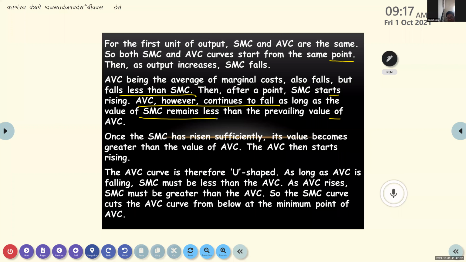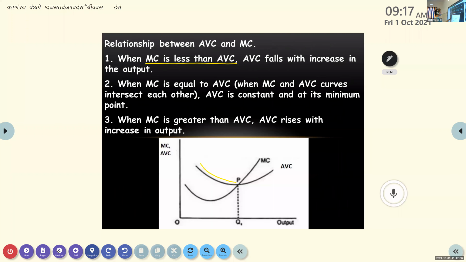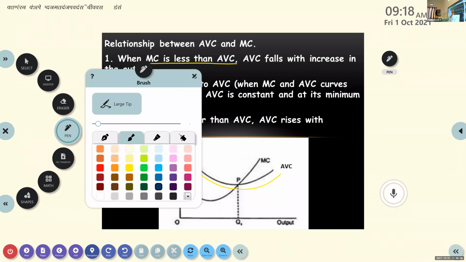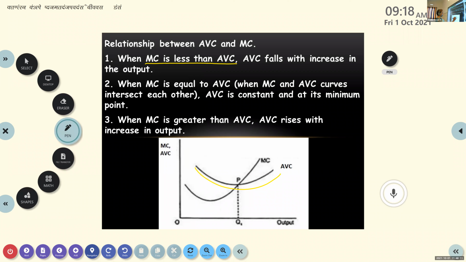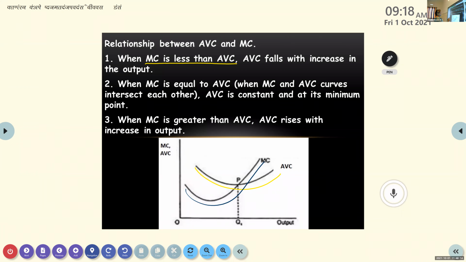Ma'am, can you repeat this point, please? See, AVC falls in the beginning. You can see it is falling. This is the AVC curve, and the MC curve is this one, like this. Now, the first point, what did I say? MC is falling, falling, falling, reaches minimum. That time AVC is also falling. Then the MC curve starts increasing.